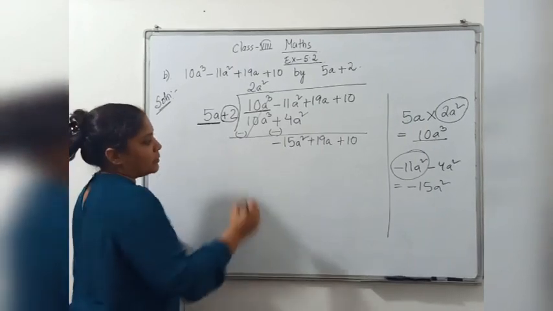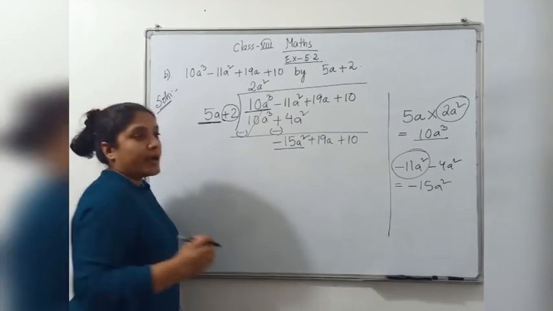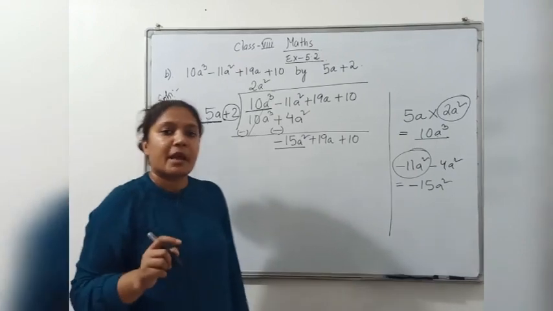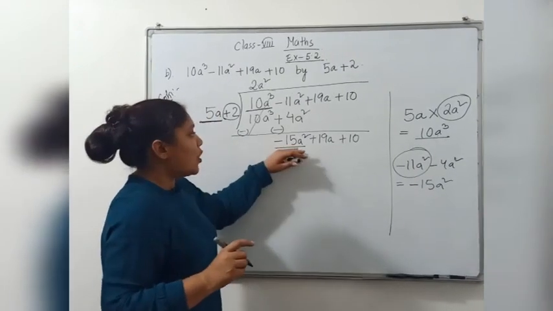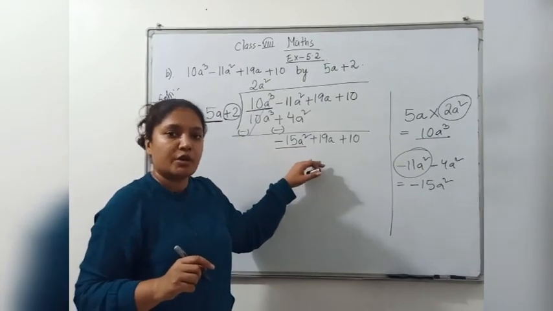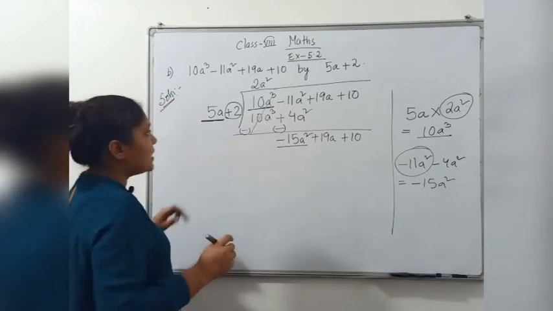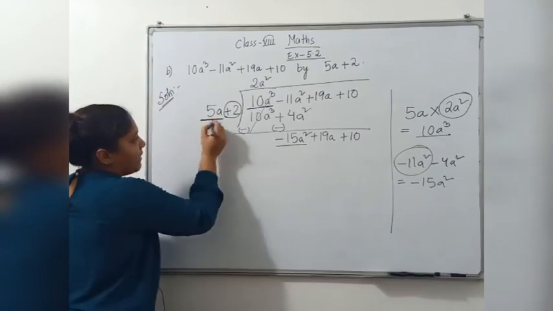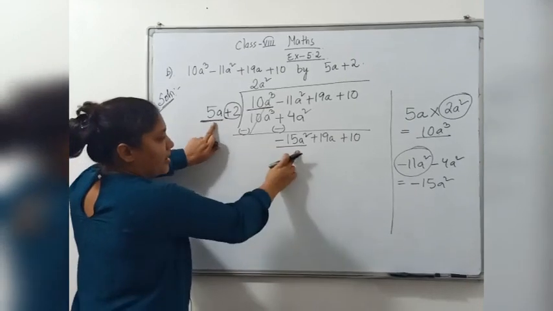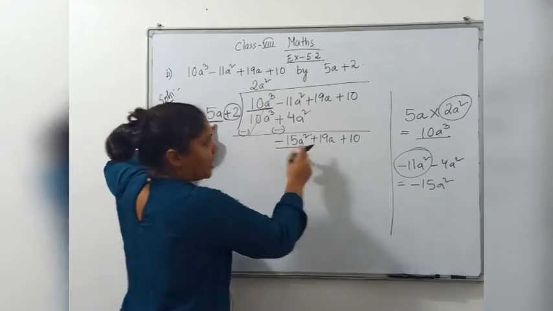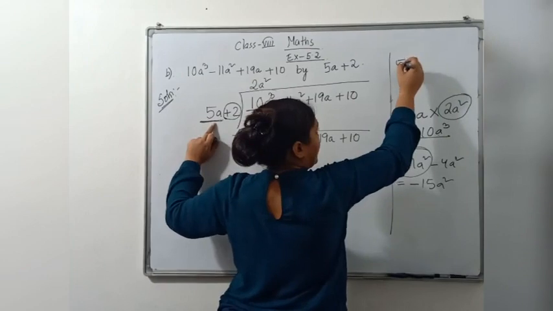Clear? Now, next step. Again, our next step is to cancel this one. Remember students, our first step is always going to be to omit this number. Our motto is going to be to omit this number. Again, what is our first number? 15a. What do we want? 15a square. What number do we have? We have 15a.